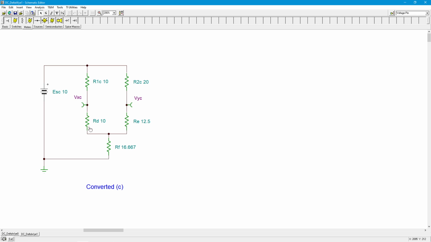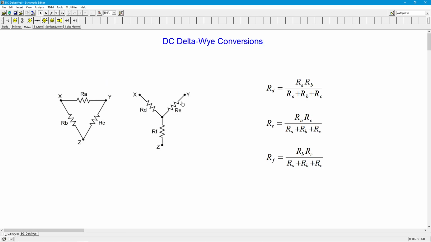So that was the delta configuration. This is the Y configuration. I know it's drawn a little weird, but this is your Y. Kind of a blocky looking Y, but nonetheless. So here's RD, RE, and RF, functionally equivalent. Just to jog the memory, there's RD, RE, and RF, the equivalent.